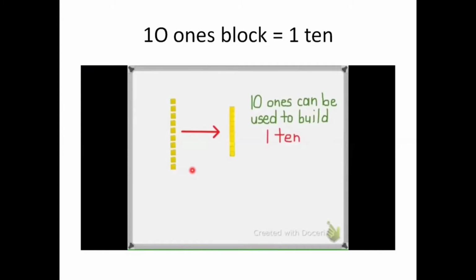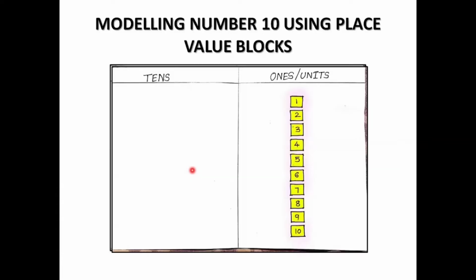So now we are ready to model the number 10 using place value blocks. You can see I have placed 10 ones in the units place. Is this the correct way to model number 10?